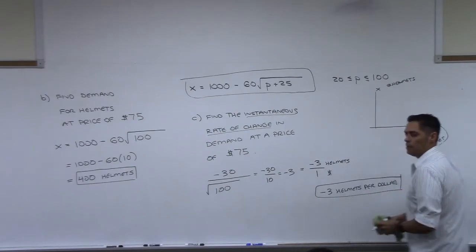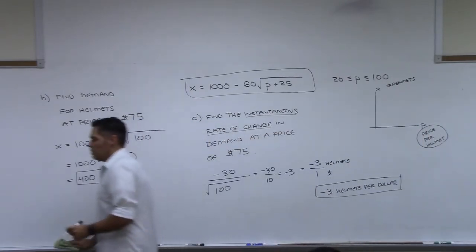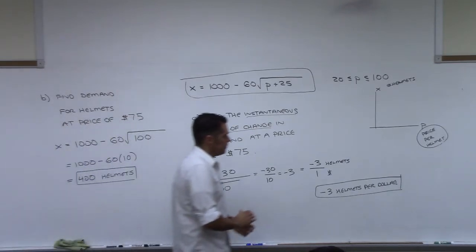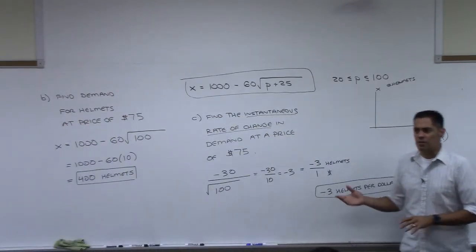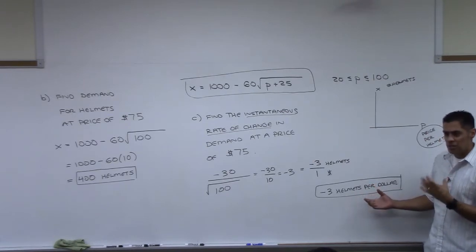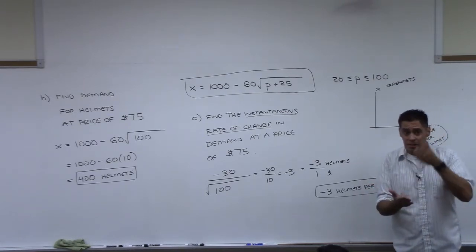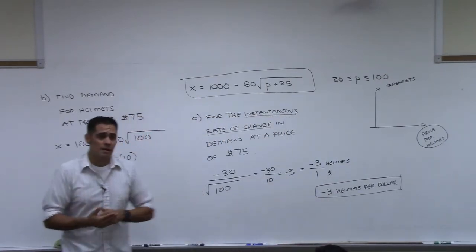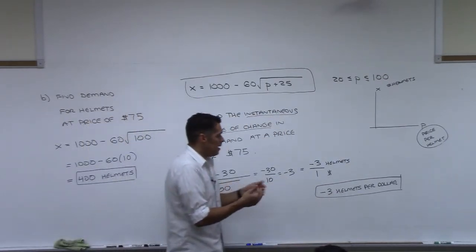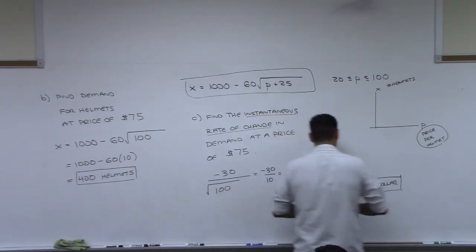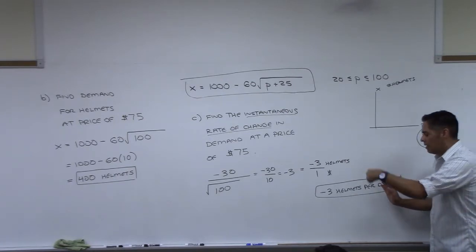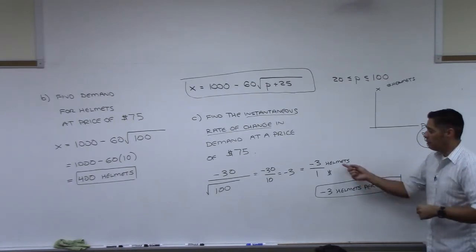It means for each dollar you raise the price, you're going to lose out on 3 sales. Eventually you're going to find the point where it doesn't make sense to raise the price. The correct interpretation is that if we set our price for our helmets at $75, then at that instant, any change in price by $1, we should expect a decrease in demand of 3 helmets.